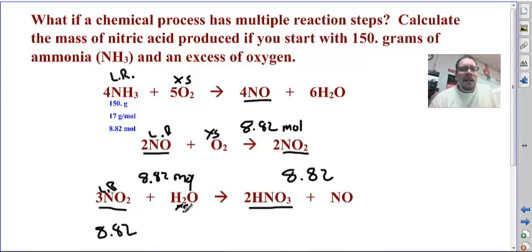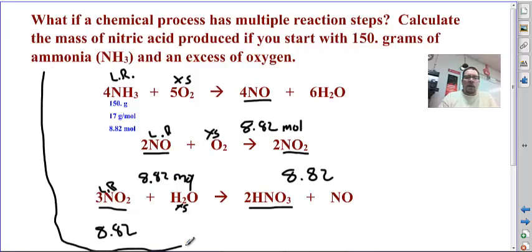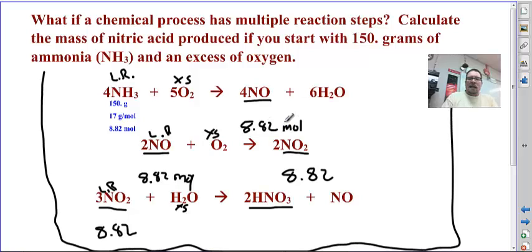But again, key point: limiting reactant runs out, same coefficient, made exactly the same amount. That's the number I have to place in the next reaction because that's the exact amount I have. This is all in an enclosed container, so it's not leaking out anywhere. So this is exactly what I have when this reaction starts now. And again, because they had the same coefficient, that's the exact amount I have to start here.